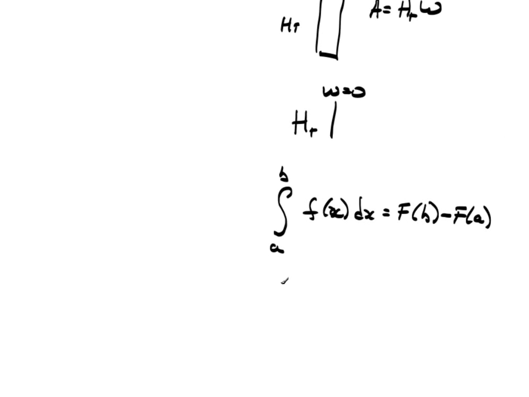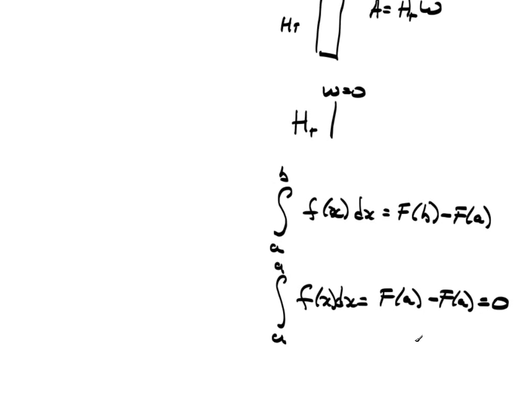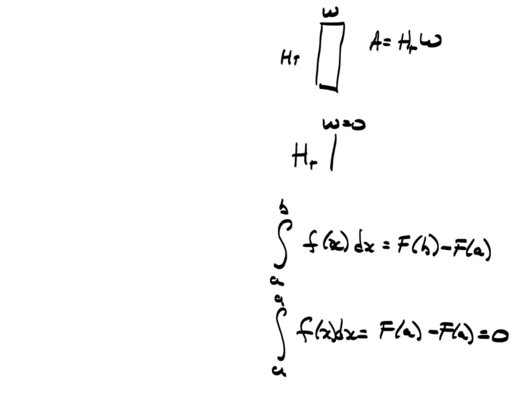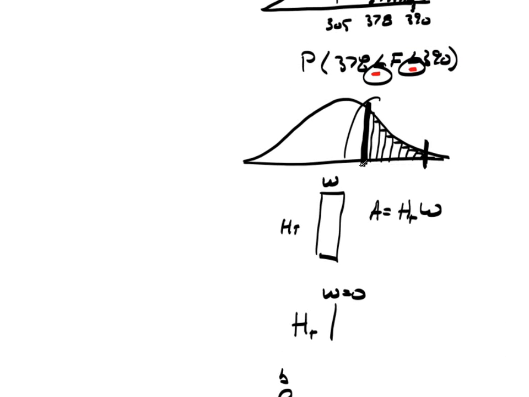Okay, so if I integrate from a to a, which would be like adding that endpoint, finding the area at one single point of f of x dx, this would be F of a minus F of a, which is always 0. So with just a touch of integral calculus, I can justify why adding these endpoints, adding the area of a line, is 0.